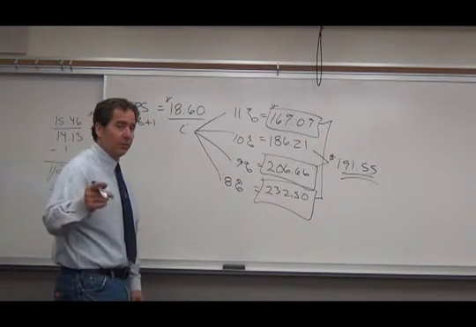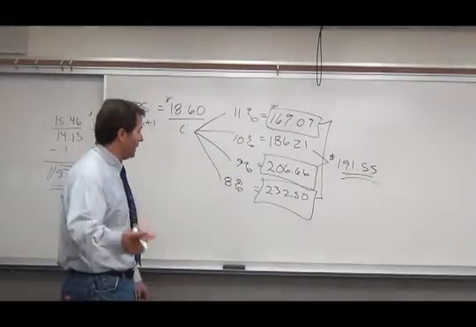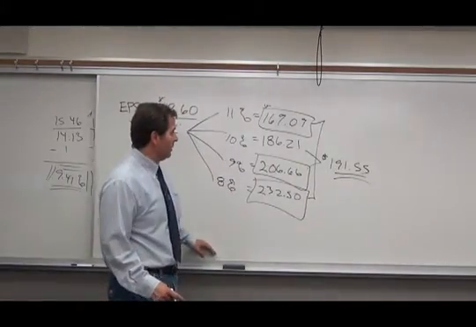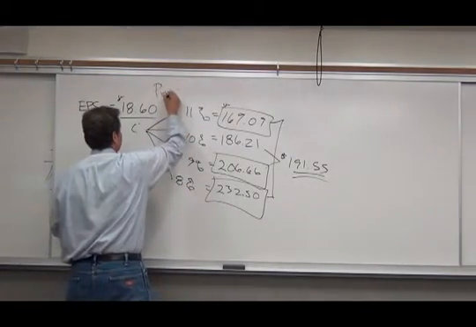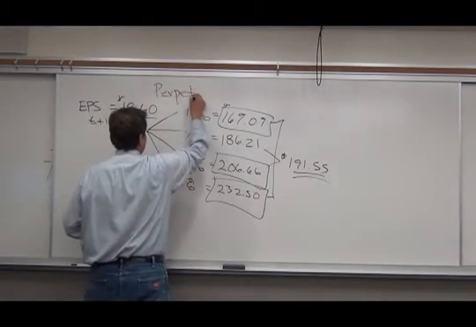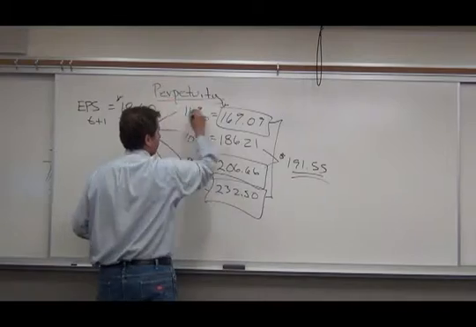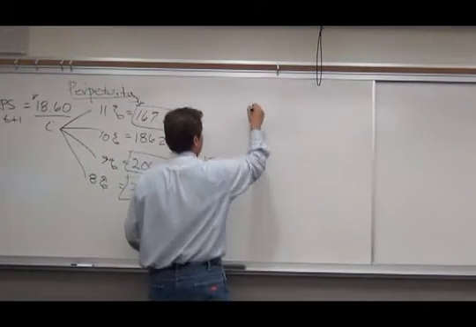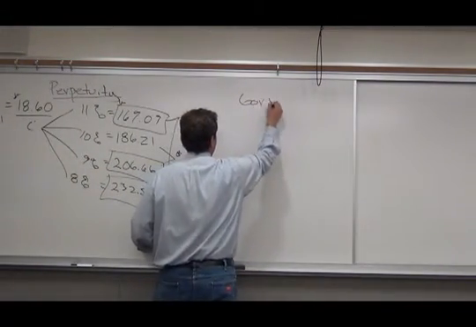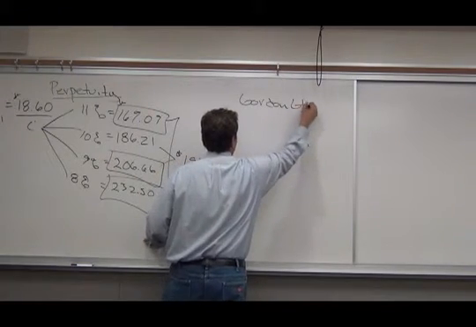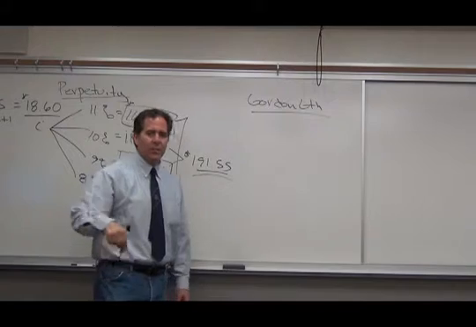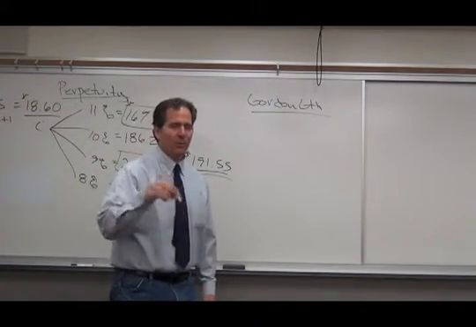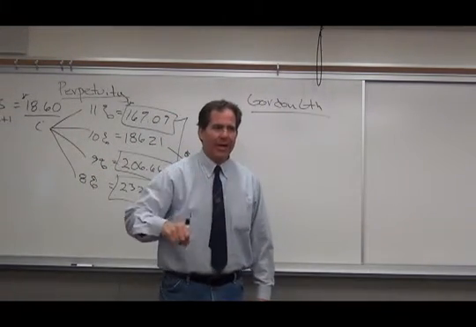Now, what's really cool is that you can now do Gordon growth. This is perpetuity. Now we can do Gordon growth. So, what do we know the growth rate is not?